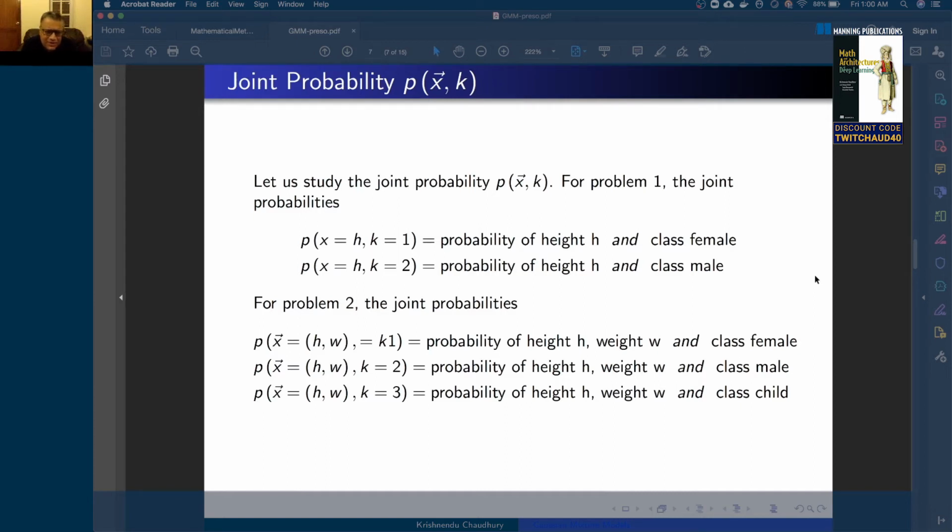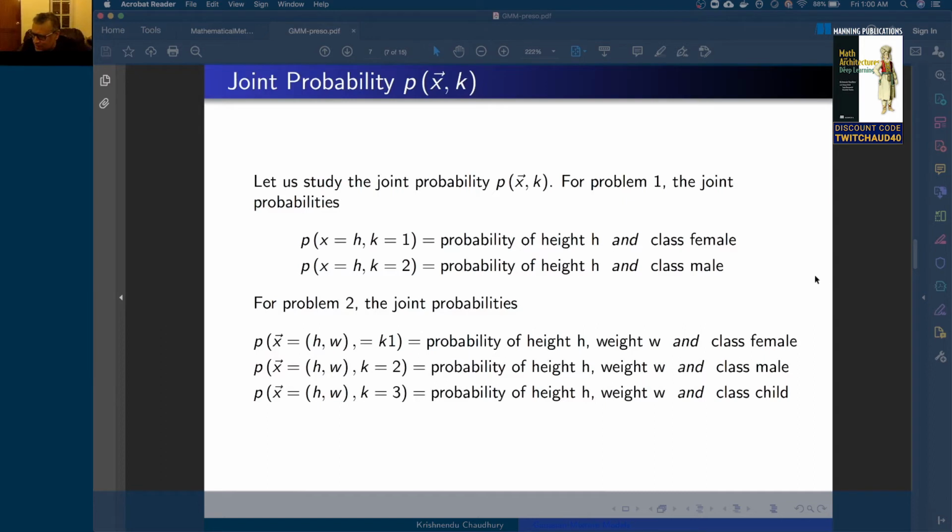And similarly for problem 2, where the input will of course be two-dimensional, a height-weight pair. So for instance, the probability of (h, w) and 3 would correspond to the class child. Essentially we are trying to find the joint occurrence of a particular input value and a particular class. That is the joint probability, and if we can evaluate that, from there we can solve our problem.